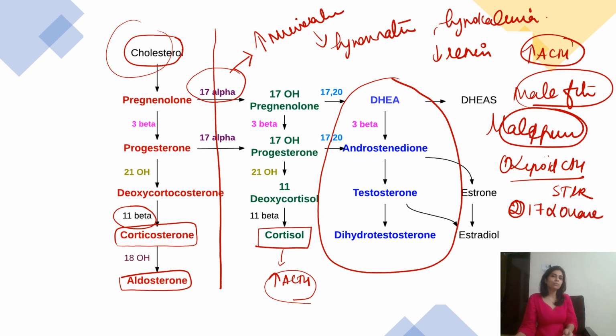Both these conditions would present as male pseudohermaphroditism. In a female fetus, by default, the fetus develops as a female. But when there is no estrogen, maybe there will be a defect in the secondary sexual characteristics development, and that can be amenorrhea. Okay, so that's about 17-alpha hydroxylase defect.